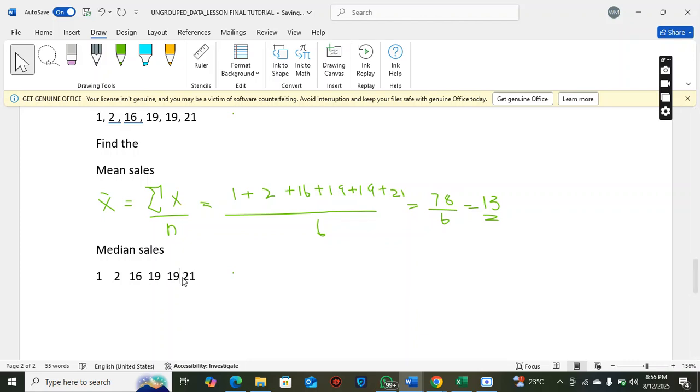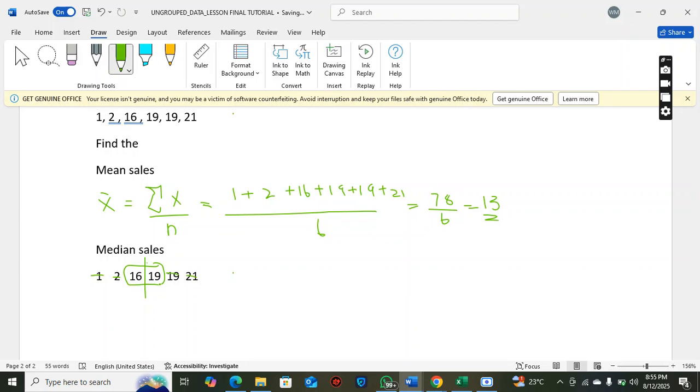The formula for the percentile. So since here the number of data values is small, you just cross out like this here, cross out like this here. Then our median is between these two numbers.